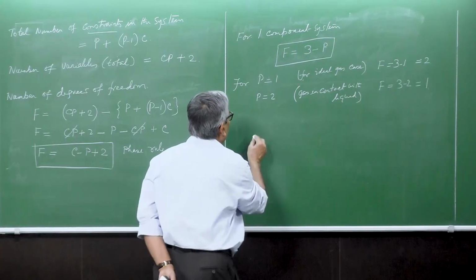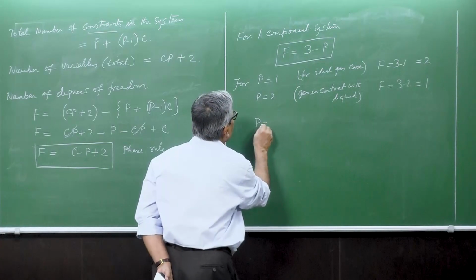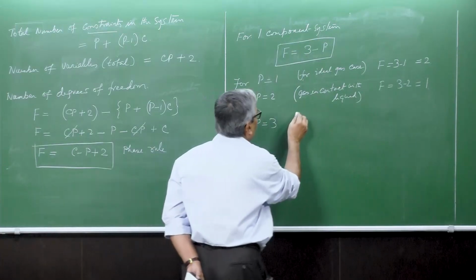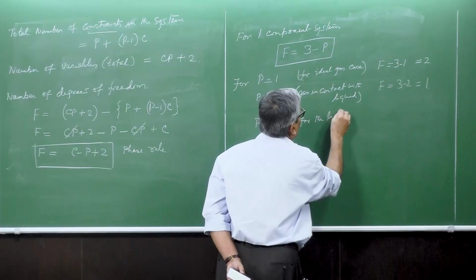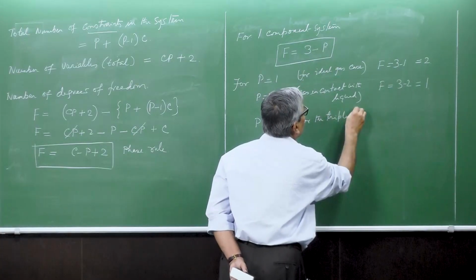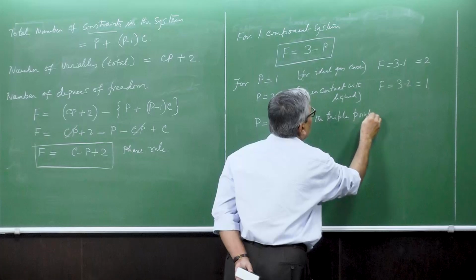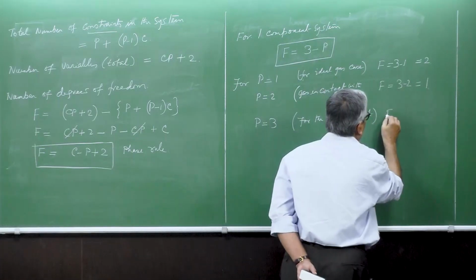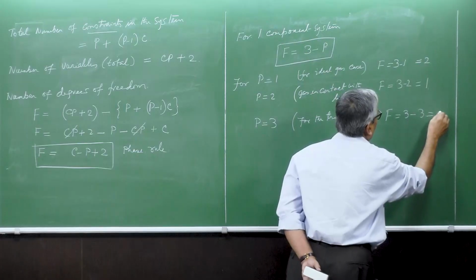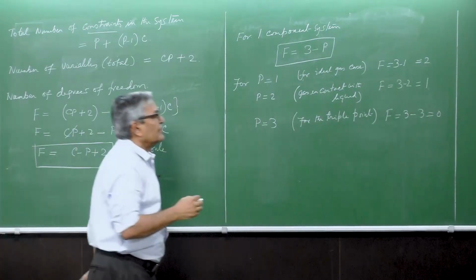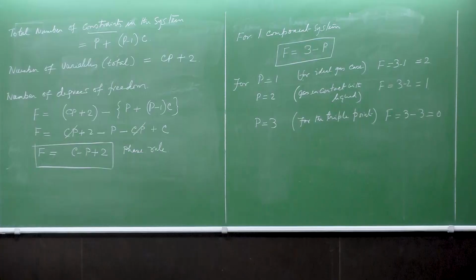And for the triple point, you have 3 phases, so 3 minus 3 is 0. So we have no free degree of freedom to manipulate the equilibrium system.